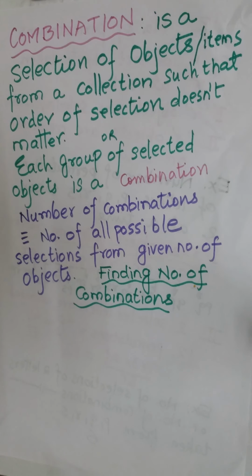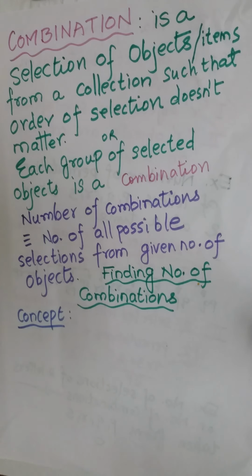Let's see how to find the number of combinations if some n objects are given, in which we have to select, let's say, R objects. Is there any concept, or any formula involved, to get the number of combinations, number of selections, number of groups that can be formed? Okay, let's see.